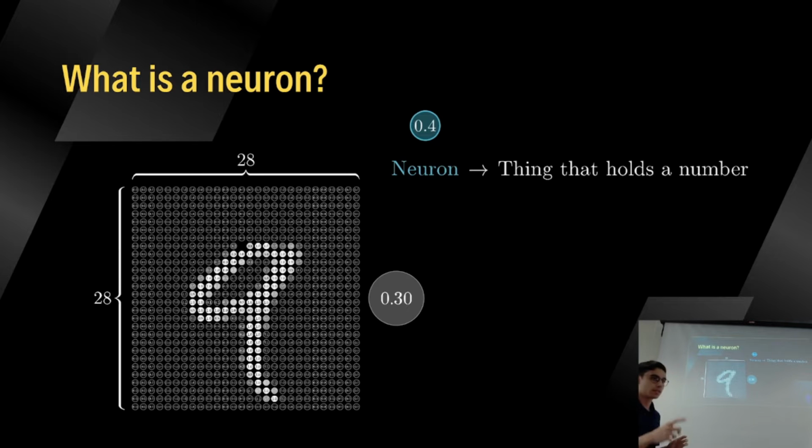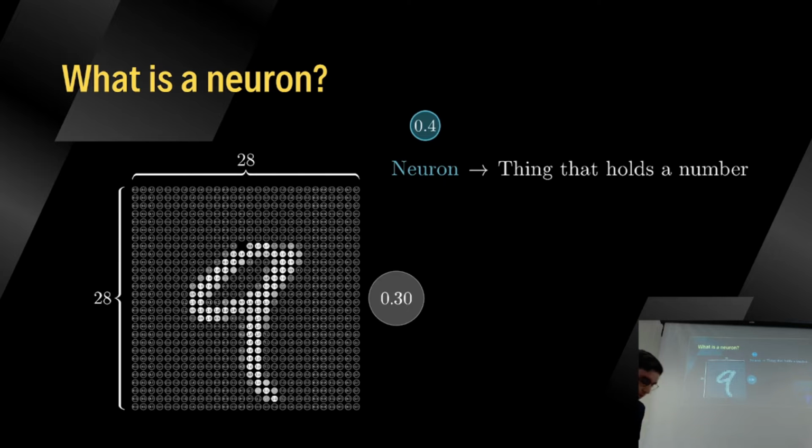Actually, what is a neuron? This circle I have told you about. You can think of a neuron as a thing that holds a number. For example, the first layer is not actually made of neurons, but it carries a number. For this number here, all of these black neurons hold a number 0, and the white ones hold a number 1.